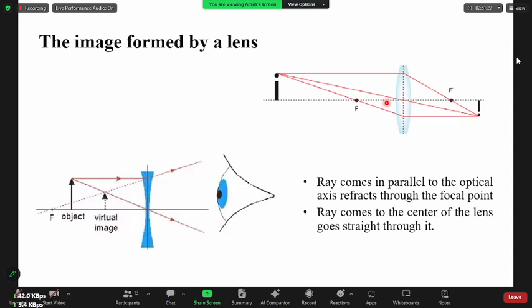We are not doing that part deeply here, but you should know these two specific rays: one that comes in parallel and goes through the focal point, and one that comes through the center and goes straight through. You can decide the basic image properties using these two rays.